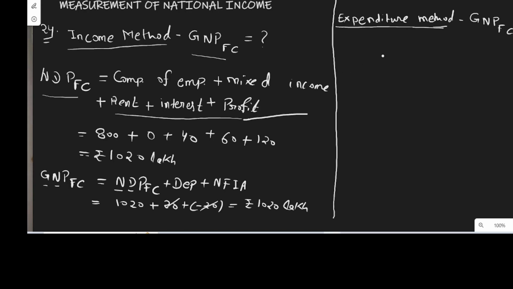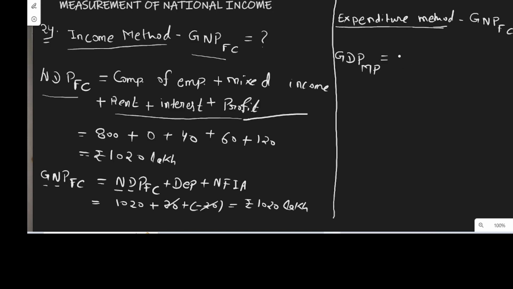But before using the formula, I need to know which aggregate I use for the expenditure method. And if you remember, for the expenditure method, the general aggregate used for the general formula is GDP at market price. And for the income method, it was NDP at factor cost. This is the most important thing to remember to do the sum correct.